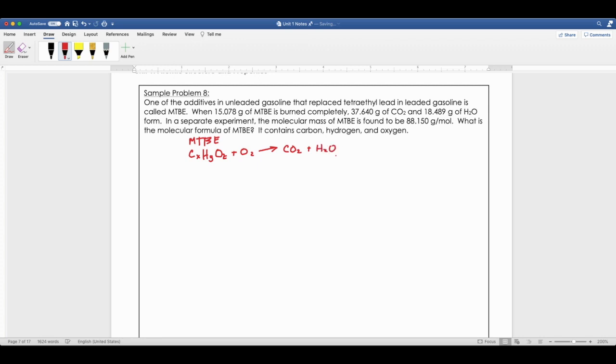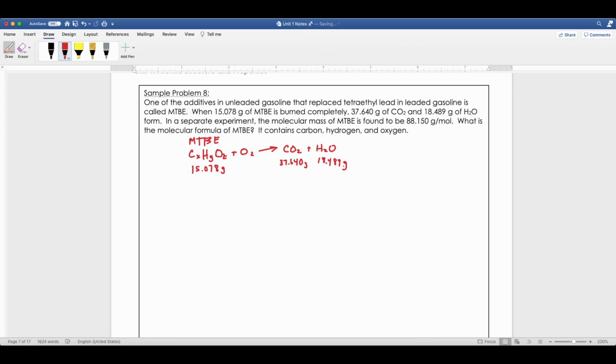And it gives me amounts of these as well. So when 15.078 grams of that reacts with oxygen, I produce 37.640 grams of CO2 and 18.489 grams of water. We want to know what's the molecular formula.